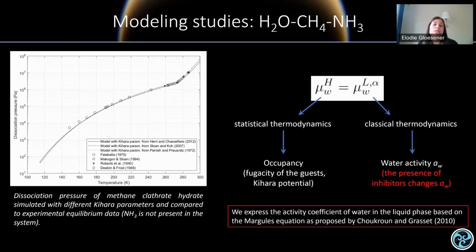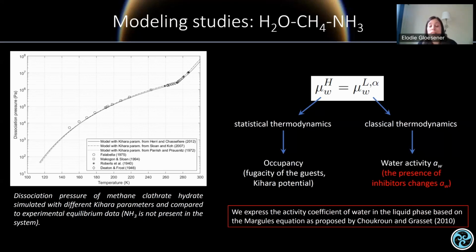In this model, the chemical potential depends on the occupancy in clathrates, and the occupancy depends itself on the fugacity of the gas and the interaction potential between the gas and the water molecules of the cavity. The fugacity can be given by an equation of state.